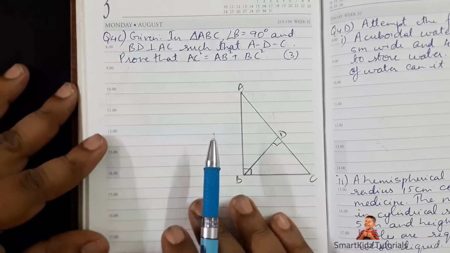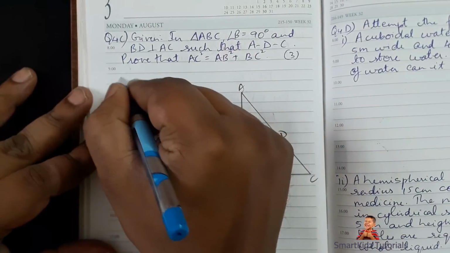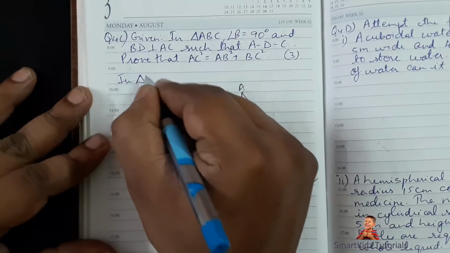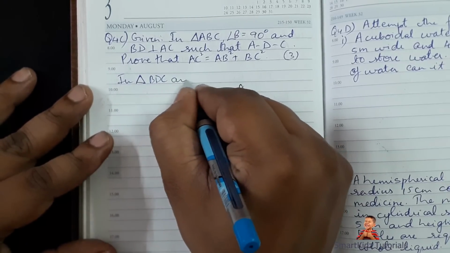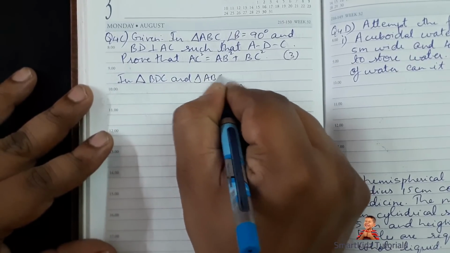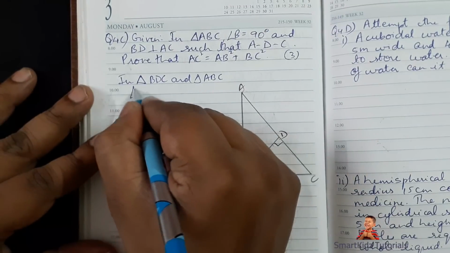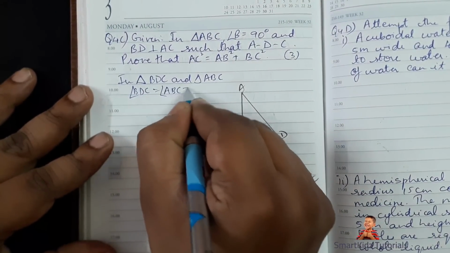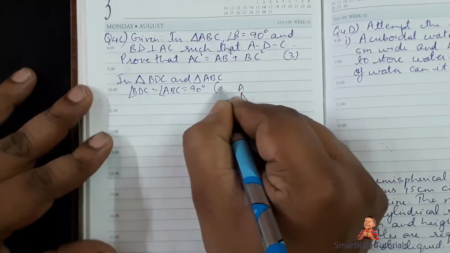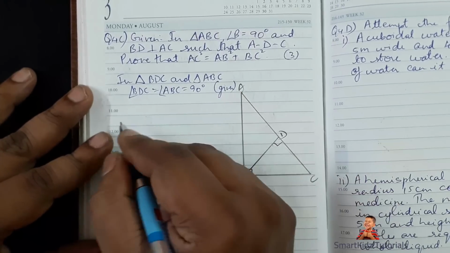Let's solve this one. We take in triangle BDC and triangle ABC, angle BDC is equal to angle ABC equal to 90 degrees, which is given.